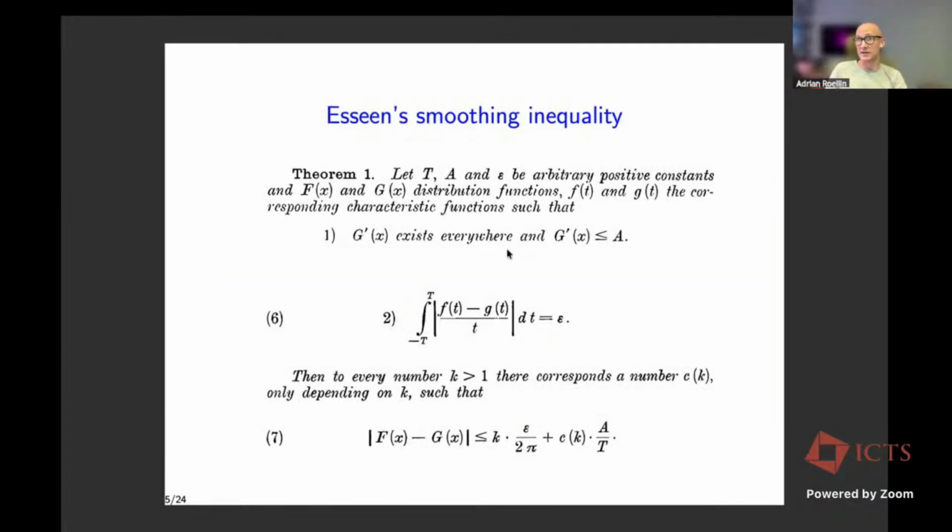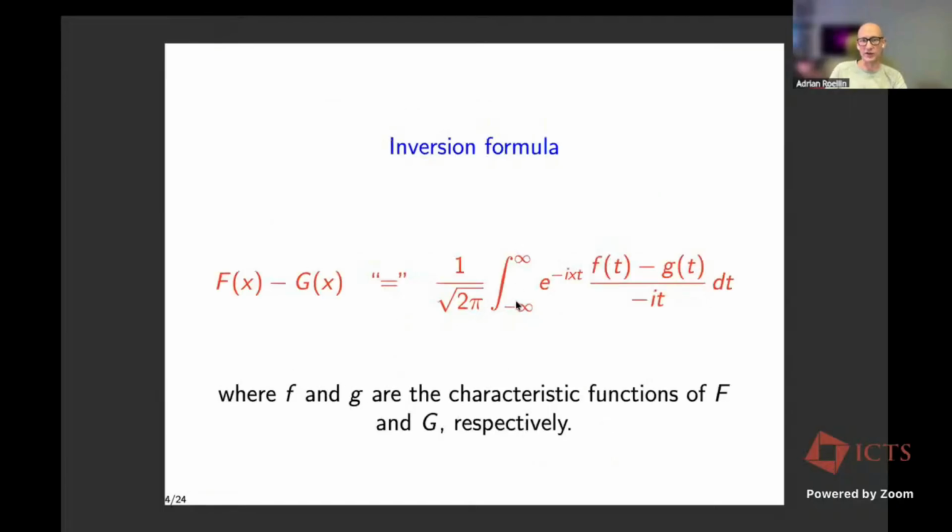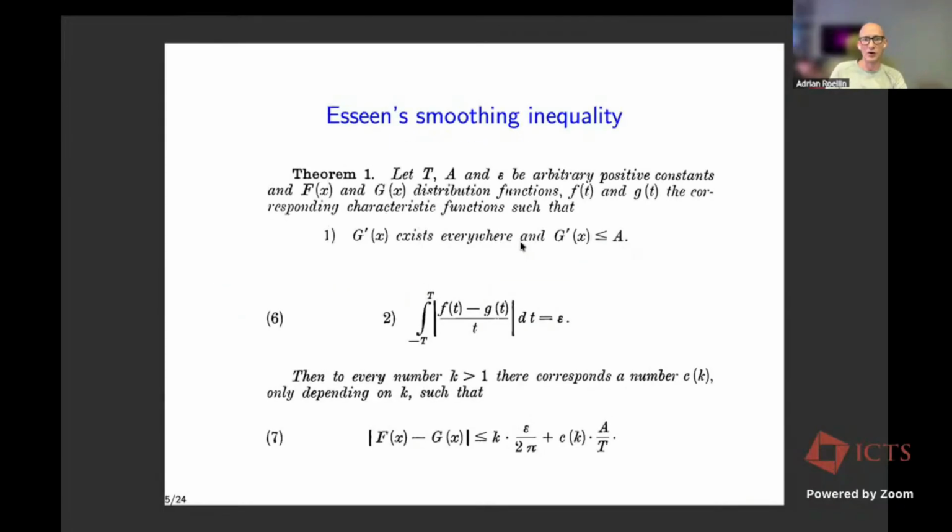So here is in some sense the technical breakthrough that allowed Esseen to do that, which is a truncation formula that says we don't have to integrate from minus infinity to infinity. All we need to do is integrate from minus capital T to plus capital T, call that epsilon. And then we can bound the difference of two distribution functions by this epsilon.